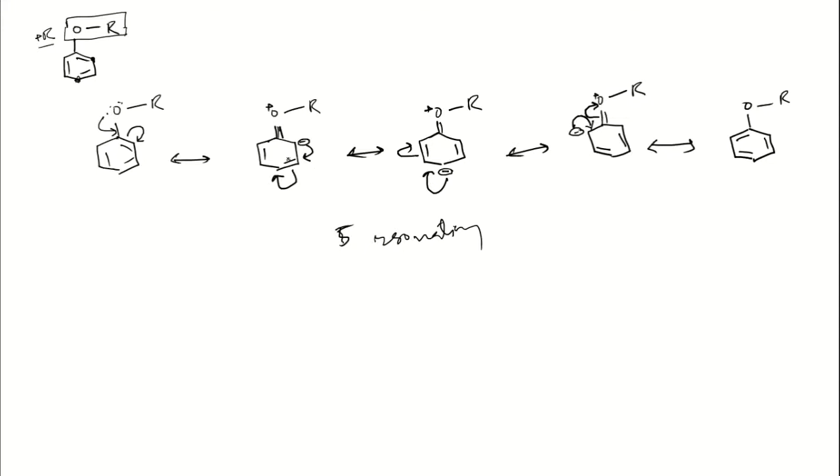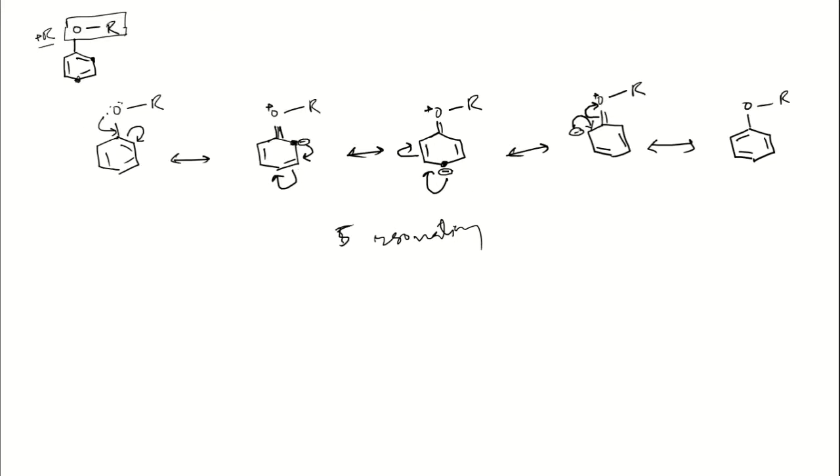If we look at these structures, the lone pair of electrons on this alkoxy group is increasing the electron density in the ring, and two positions are particularly more negatively charged. They have more electron density: one is the ortho position and one is the para position. These ortho and para positions have more electron density than the meta positions.